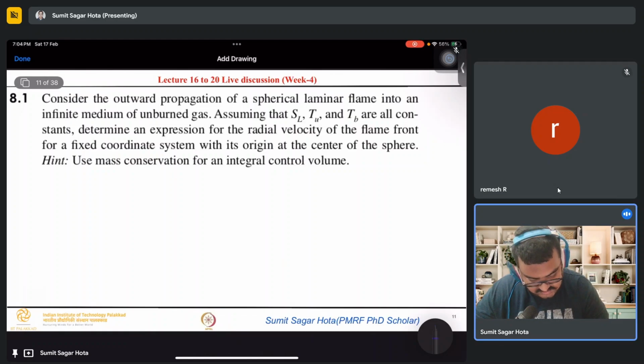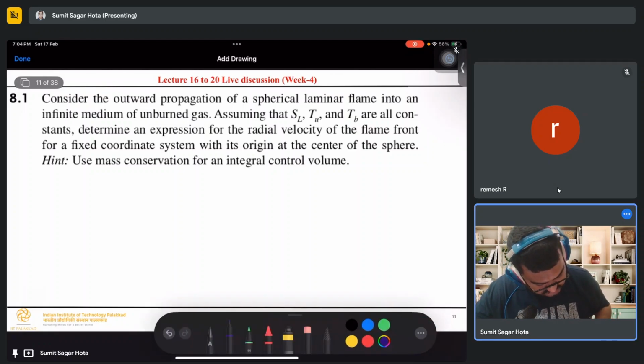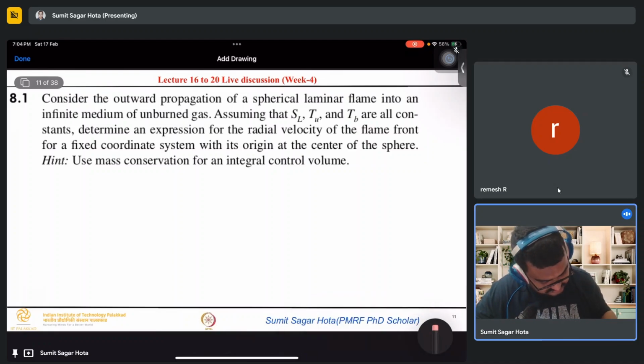It's already written: spherical laminar flame into an infinite medium of unbound gas. Let's solve it. It's a very simple question.